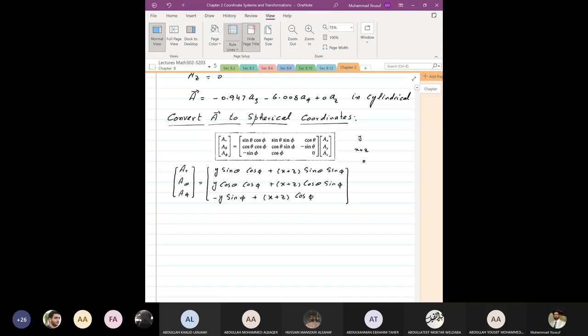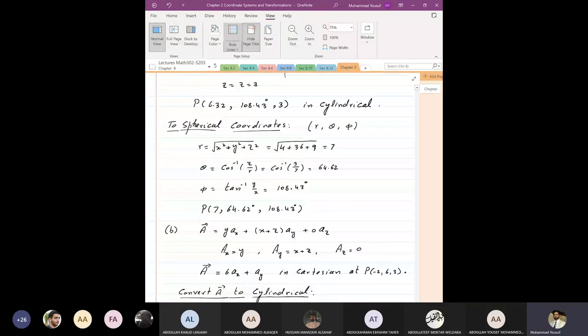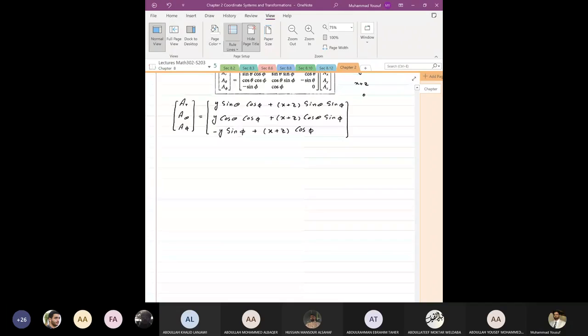So, you know, what was theta before? Here we found theta is 64.62 degrees.